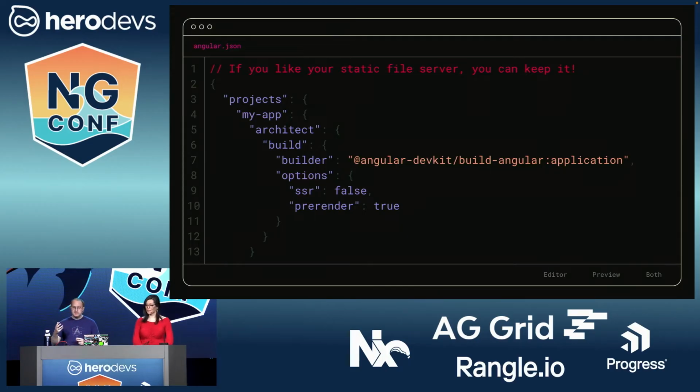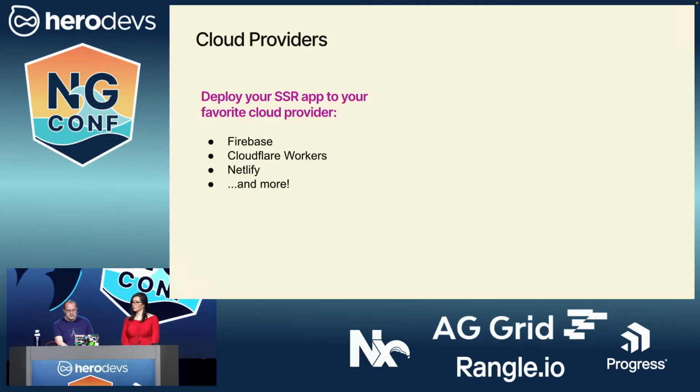And you can instead upload these files to the same static file server you're already using for your existing client-side rendered application. This is all pre-rendered. It supports all the hydration stuff that we're talking about. And it can give you better performance because you can host this directly on a CDN, even closer to your users. And you don't have to wait for rendering at request time. So if you're thinking about adopting server-side rendering to your existing client-side app and don't want to worry about a server just yet, this is a really great way to get started.